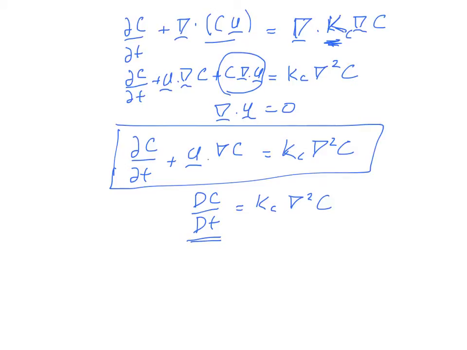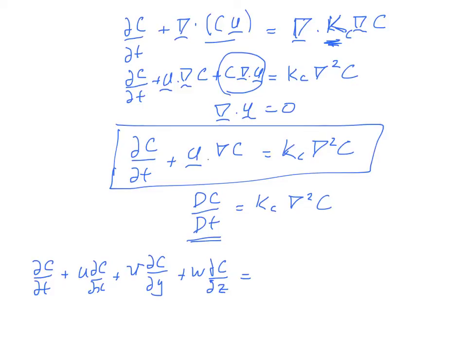The other thing I want to point out to you is just what happens when we pull out all the components of this and get rid of the vectors. So that means I'm going to expand it all. I'll go right over to the left here. I still have the time derivative, of course, but this u dot grad expands out to u times dc dx plus v times dc dy plus w times dc dz, where u, v and w are the lateral and the vertical velocities.